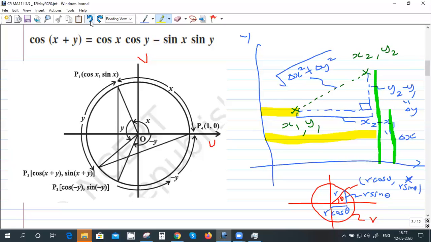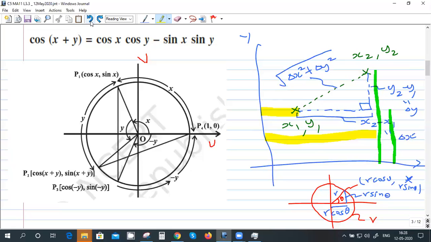On the left side, what is the angle? Forget cos, sine and all. They are ratios. The angle is x plus y, right? On the right side, what are the angles? x, y.